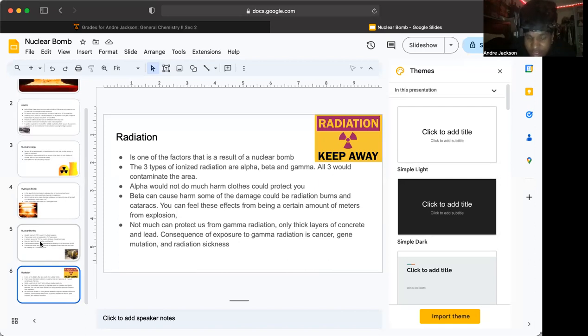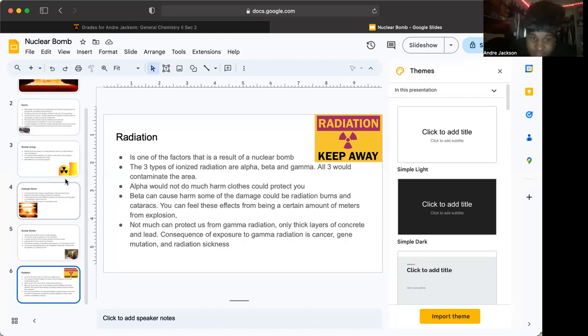All three would contaminate the area where the bomb would take place. Alpha would not do much harm. Your clothes and such would pretty much protect you, unless your skin is out and open. It could maybe affect you that way, but it's not as strong as the other two.